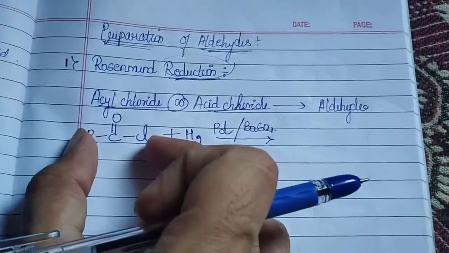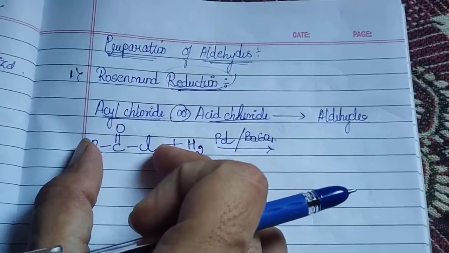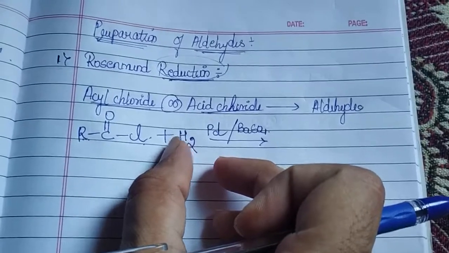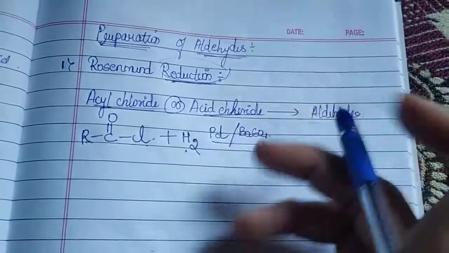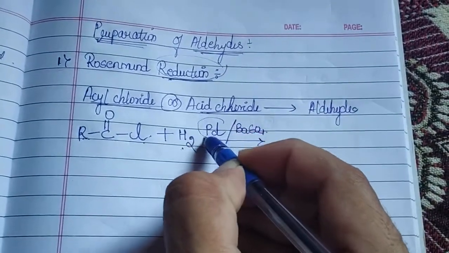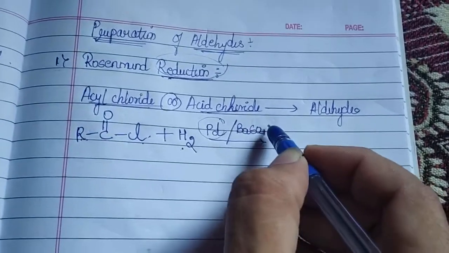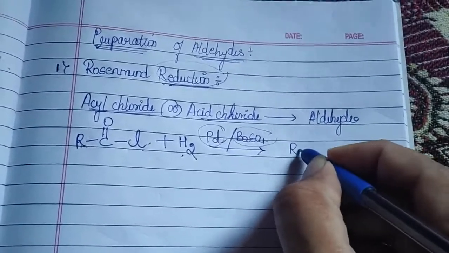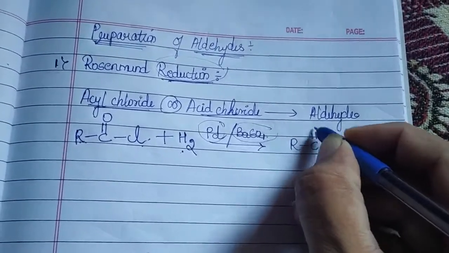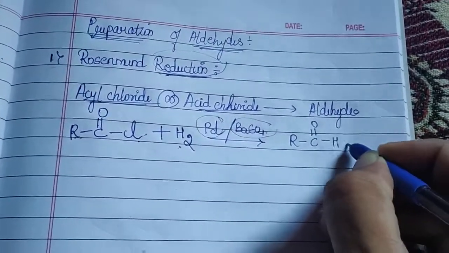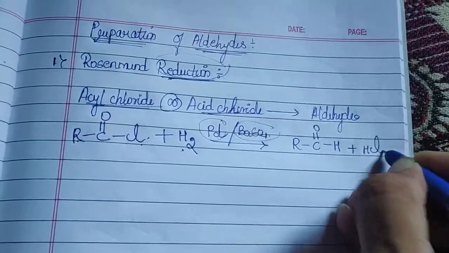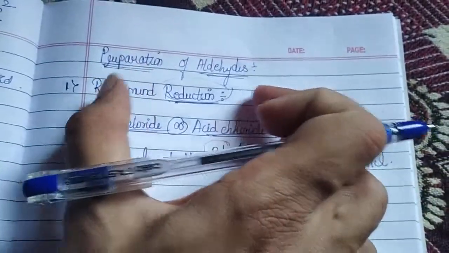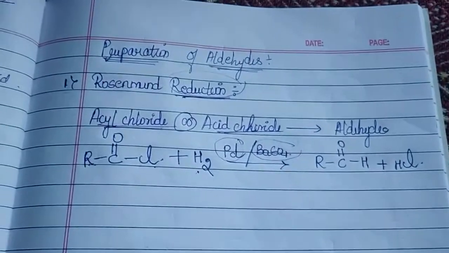When acid chloride or acyl chloride is heated with hydrogen in the presence of palladium catalyst supported over barium sulfate, aldehydes are obtained. So you get aldehyde plus HCl. This reaction is called the Rosenmund reduction reaction.